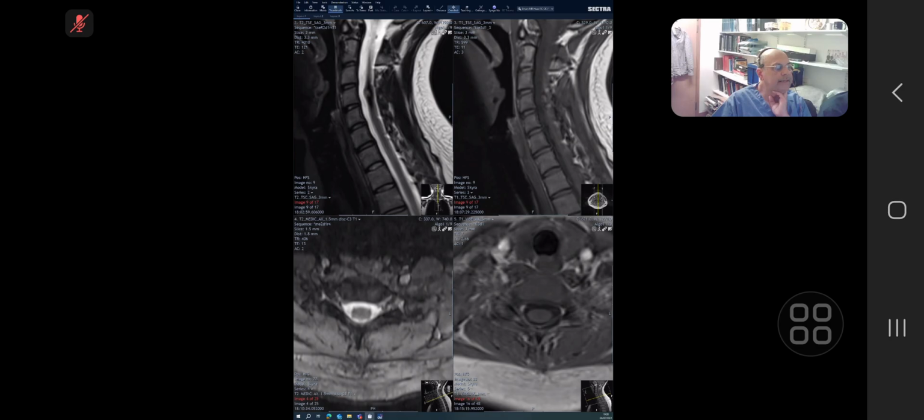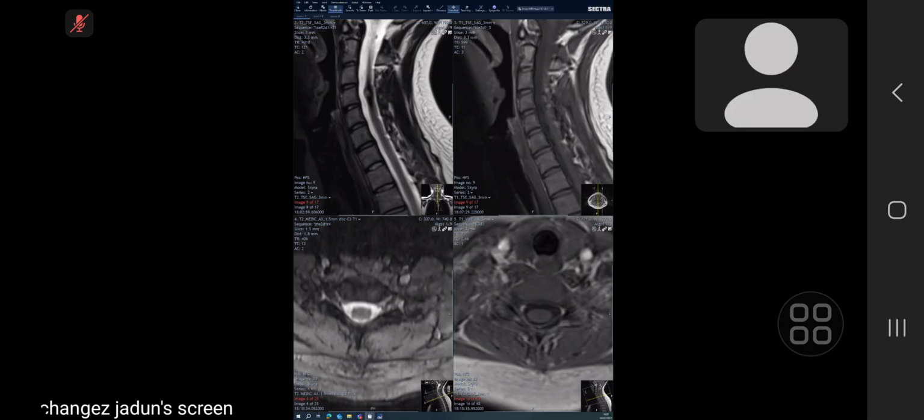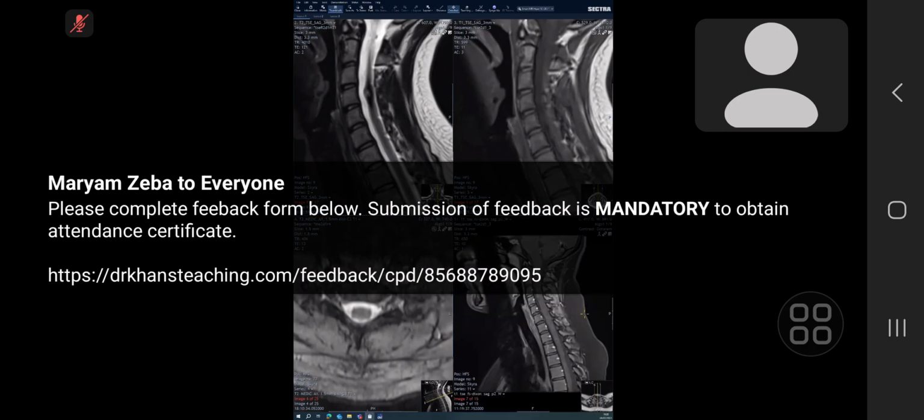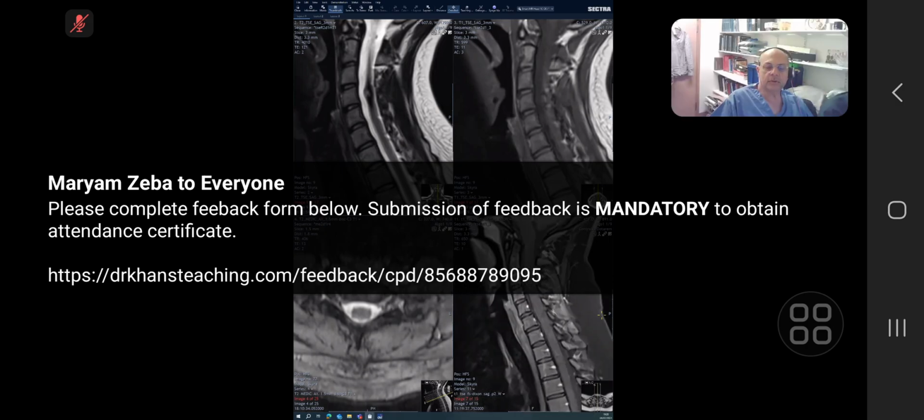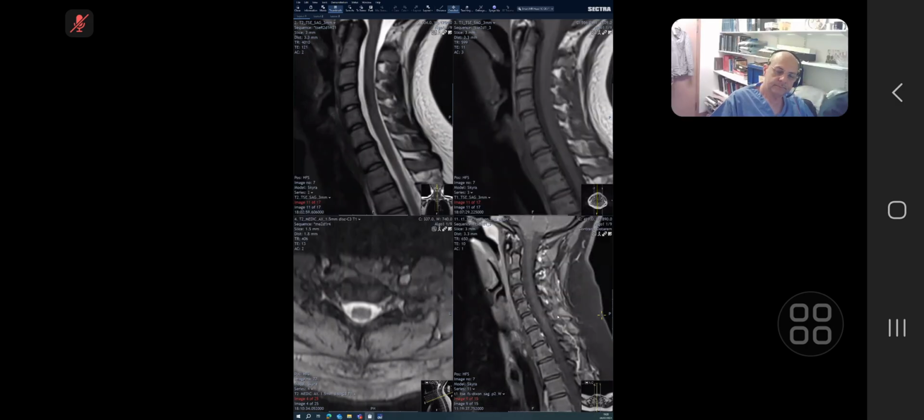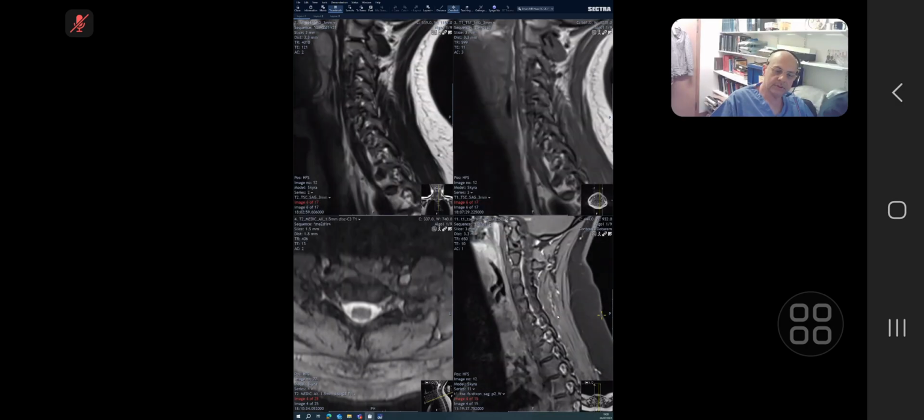What is in your mind that you think is necessary? Just to further characterize whether contrast is required. Here are your contrast images.